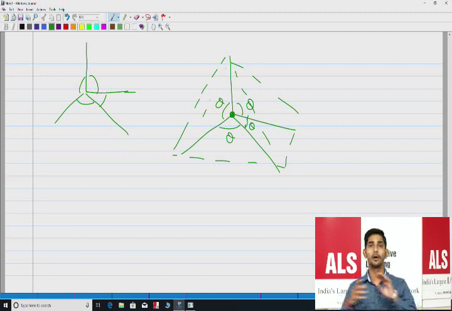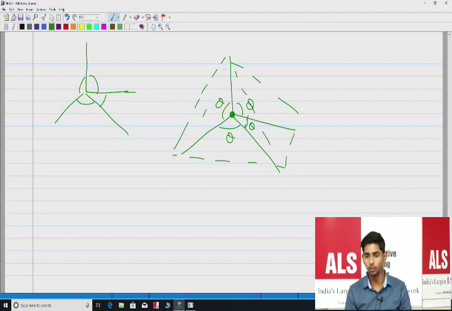Regular means where bond angles are exactly perfect. So this is the tetrahedral geometry where in space you can put the four lines exactly at 109 degrees 27 minutes. This is the maximum possibility.